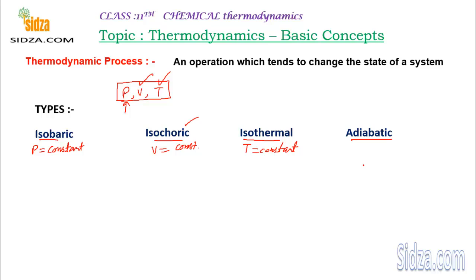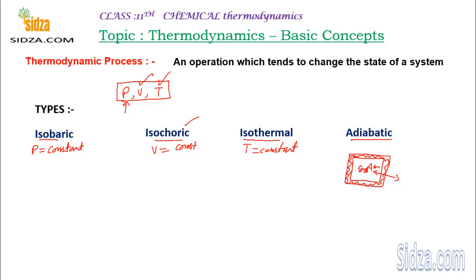And how do we carry out the adiabatic process? If you have a system and there's an adiabatic wall, a wall around the system that does not allow energy to exchange between the system and the surroundings. You got a wall around the system, okay, and there is no change in the heat between the system and the surroundings.